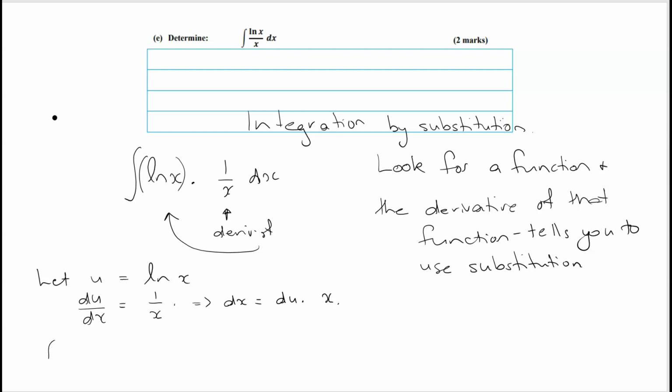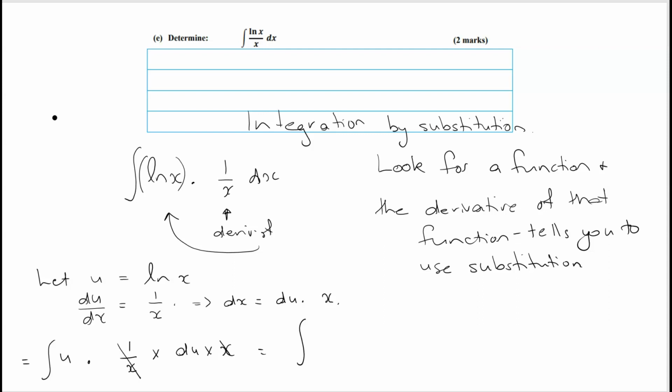Putting it all together, then we have the integral of u times 1 over x times dx, which we need to substitute back for du times x. And you'll see then, again, this is what we needed. We needed the baddie, the x term, to cancel out.